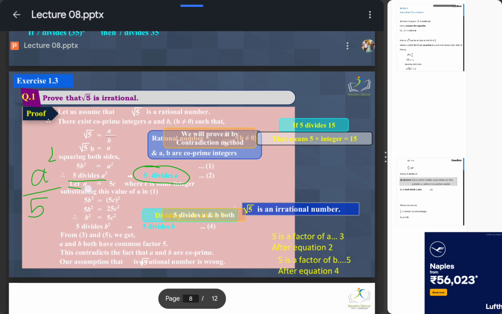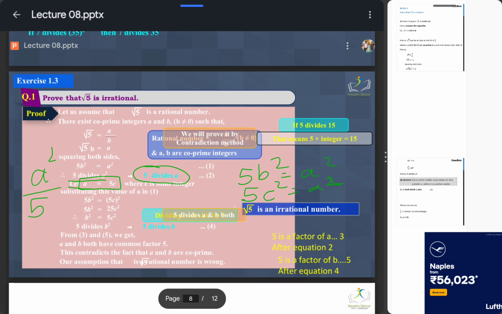Let us assume that a is equal to 5c. Instead of a we have taken c here. I am writing 5b square equals a square; instead of a, I am writing 5c whole square.